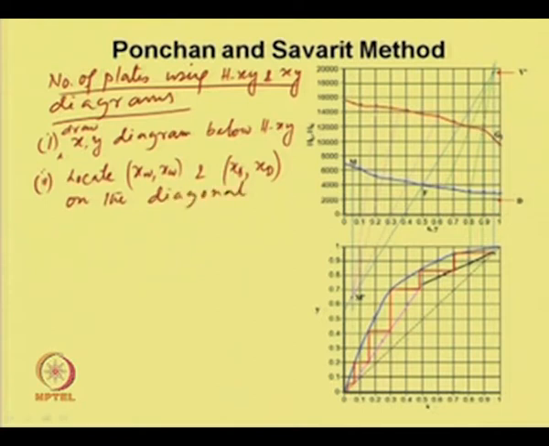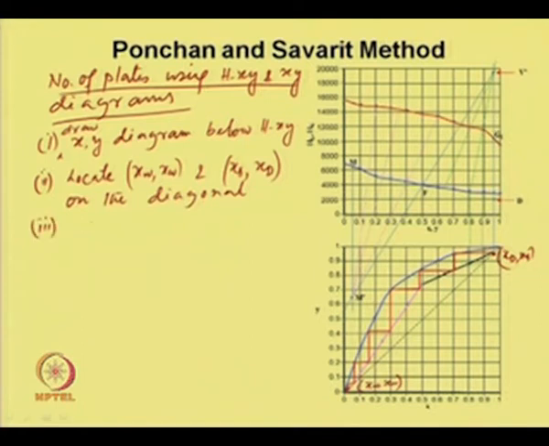One point is located over here, and another point is located over here. So, on the diagram, these points XW, XW and XD, XD are located.